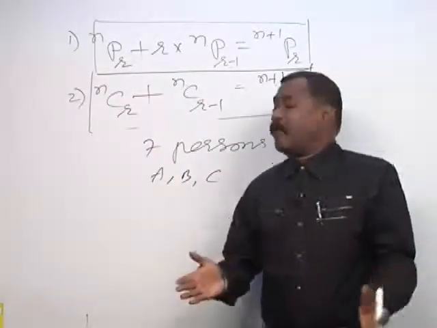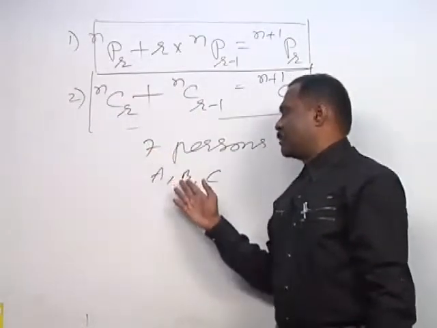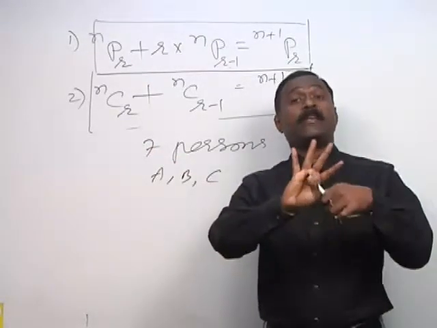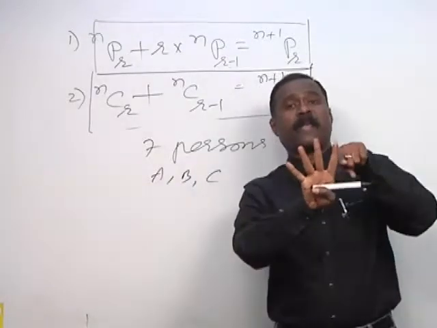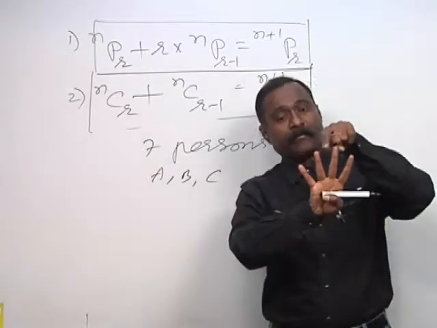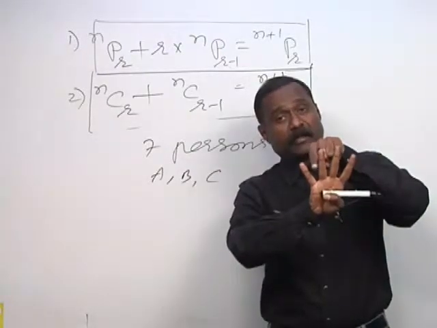That means how many without restriction are there? 7 minus 3, 4 persons are there without restriction. Then ABC should be placed in such a way that if A is placed here, B must be placed in any one of these 2 places, because C must be accommodated.